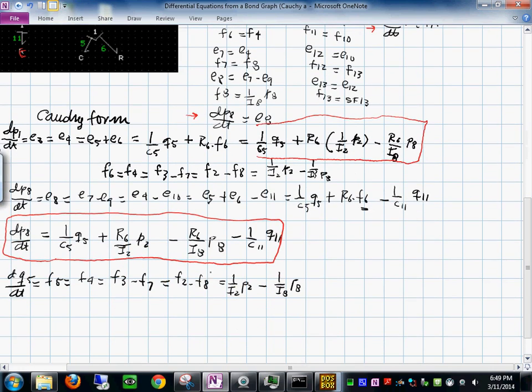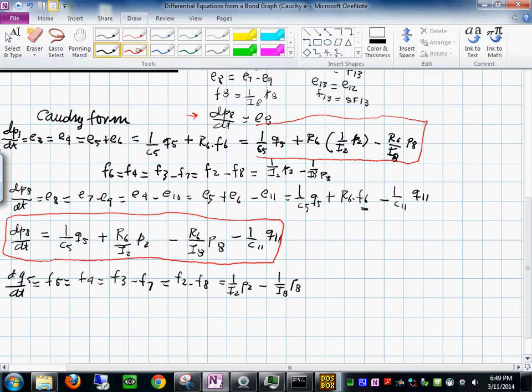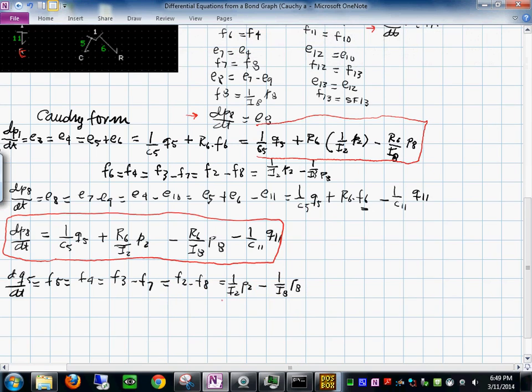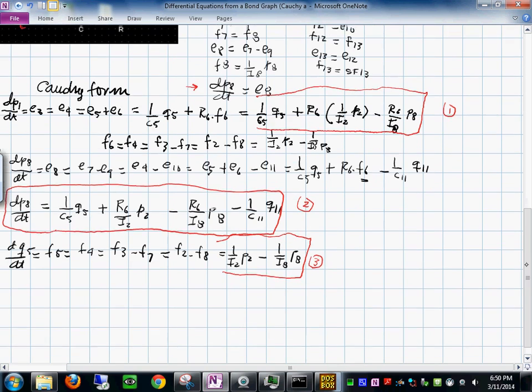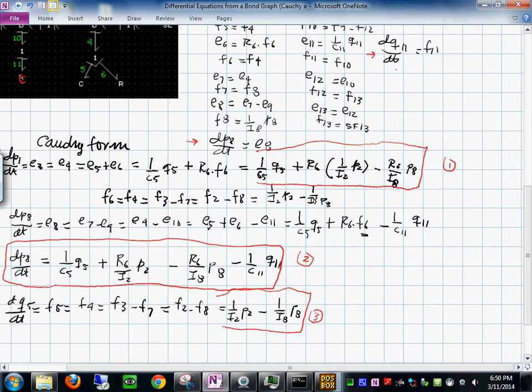If this is the case, this is the third differential equation that we have. Right there, and this is number 3. So 1, 2, and 3. And then finally we have one more to go, this one.